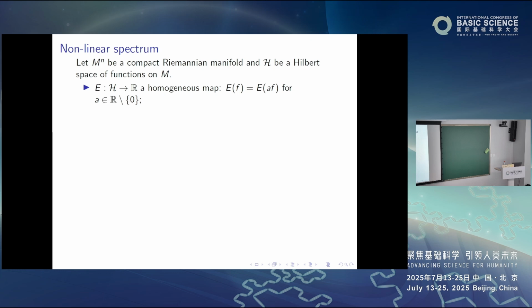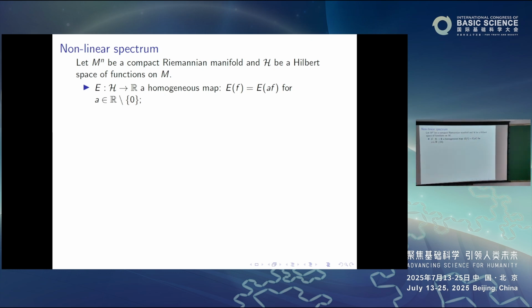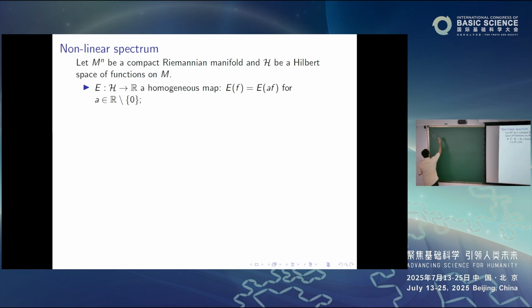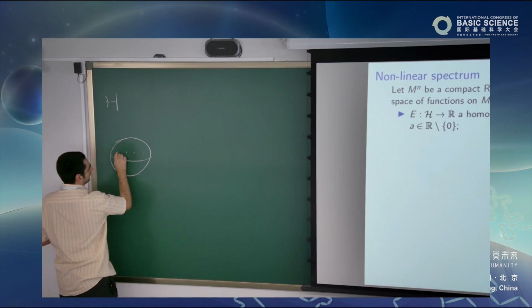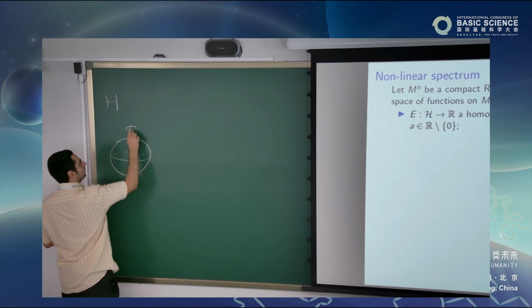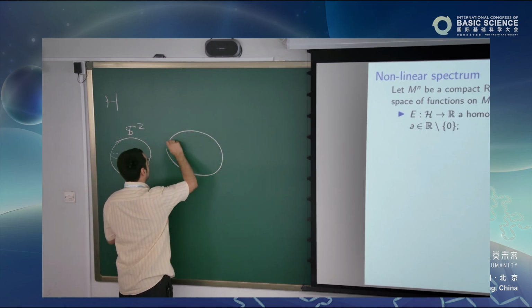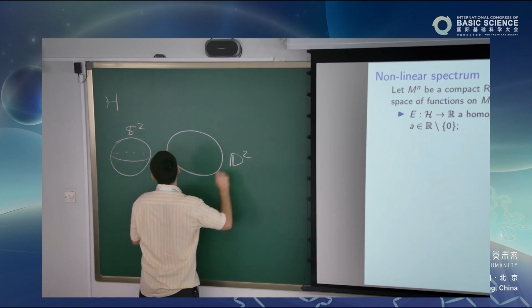I'm going to start with a very general setting to illustrate a key idea. So say we have some compact manifold. It could be a sphere or maybe a disk in R2.